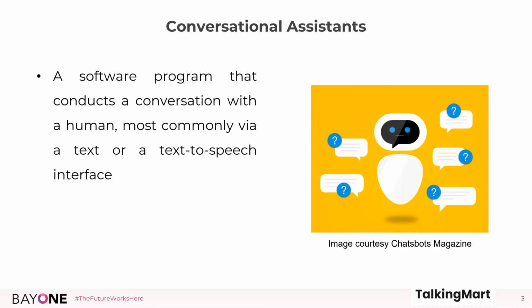So let's start with what are conversational assistants, aka chatbots. Very simply, it's a software program that conducts a conversation with a human, most commonly via a text or text-to-speech interface. That's the simplest, broadest, most generic definition.